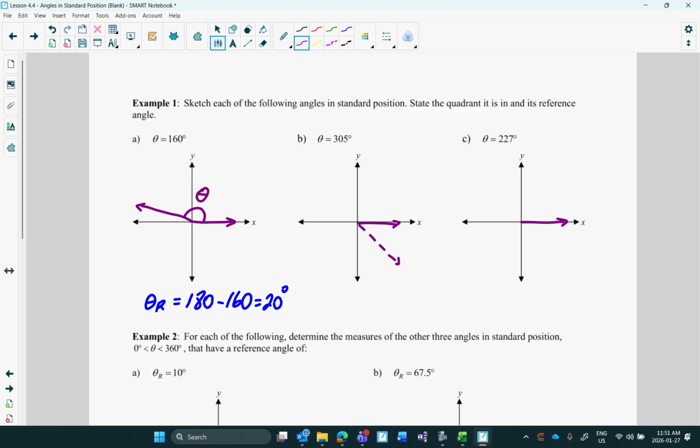Because halfway is 45 degrees, so 270 plus 45 is 315. So 305 will be a little bit less. How would I find the reference angle? 360 minus 305, and you get 55 degrees.